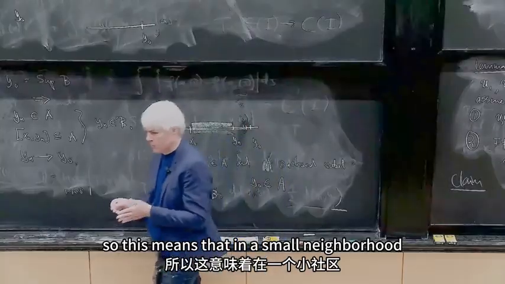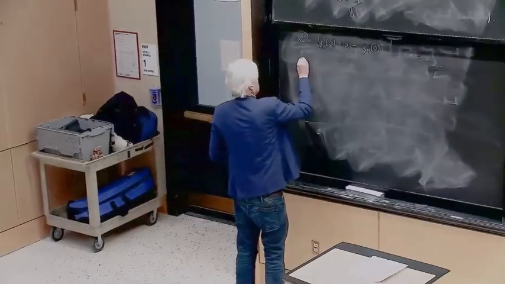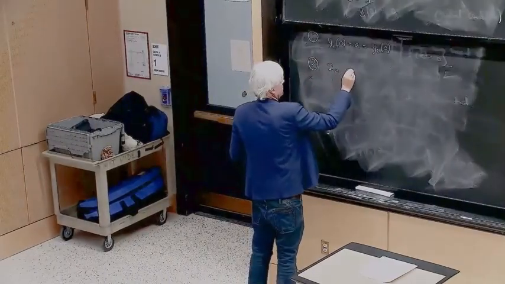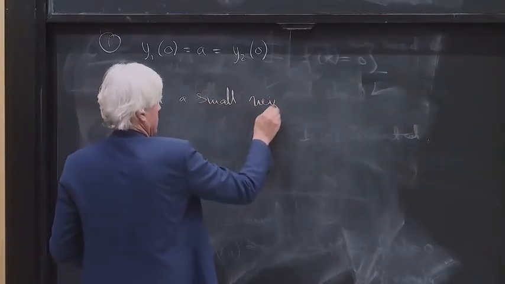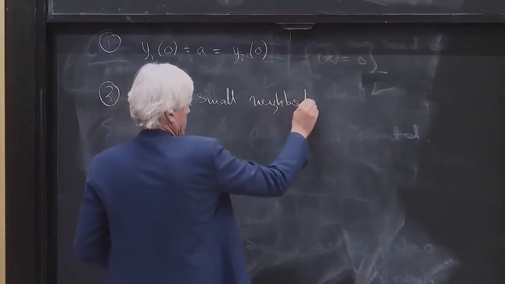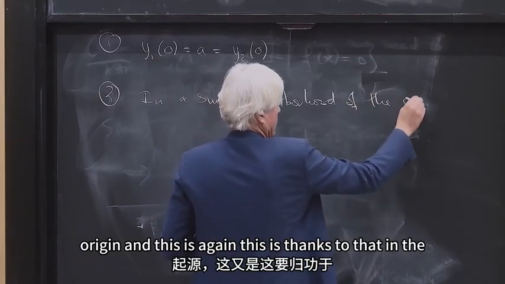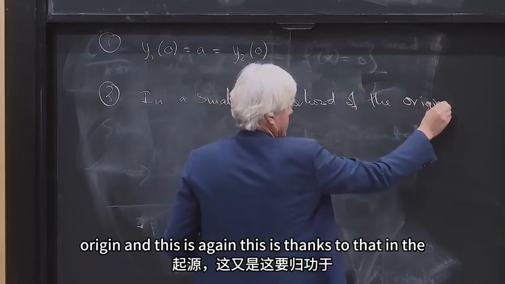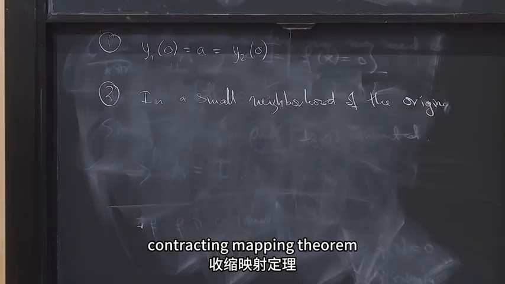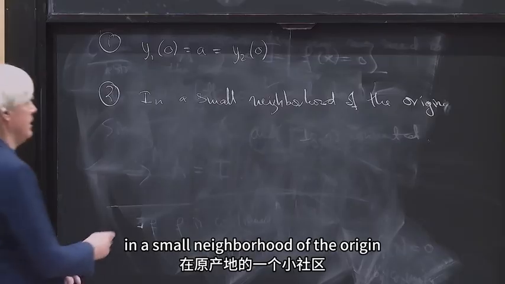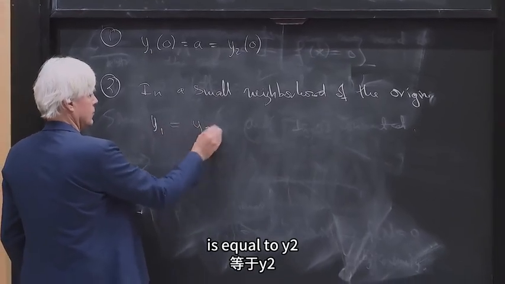So this means that in a small neighborhood of the origin, and this is thanks to the contraction mapping theorem, where you had a unique fixed point in a small neighborhood of the origin, y1 is equal to y2.